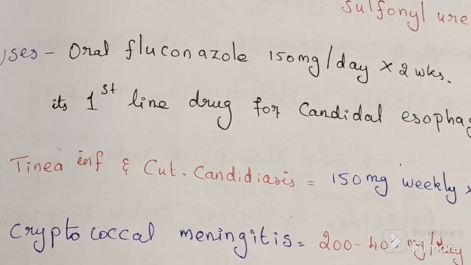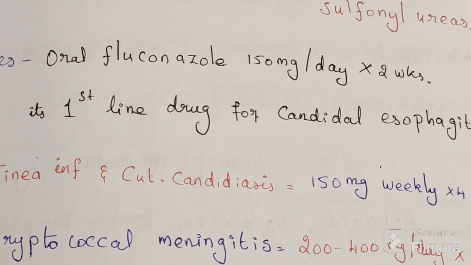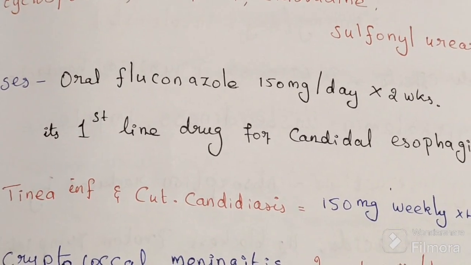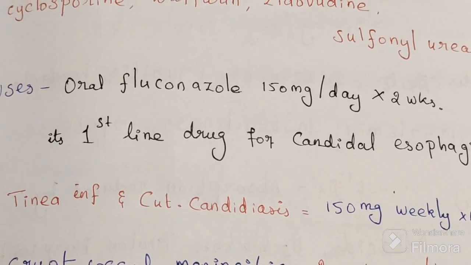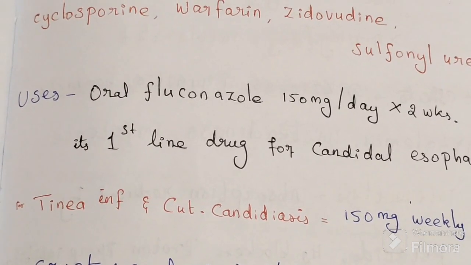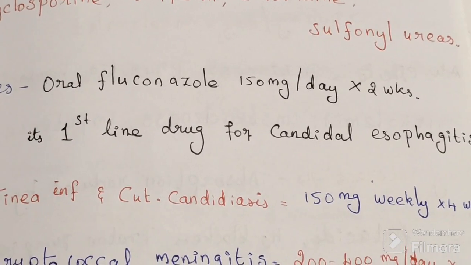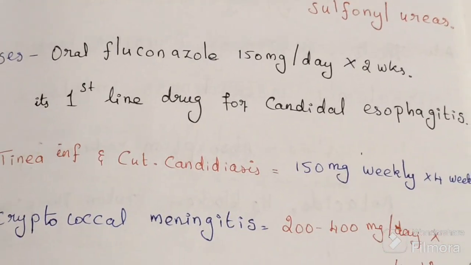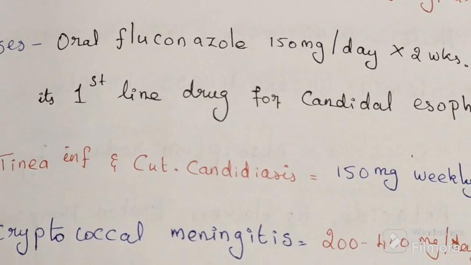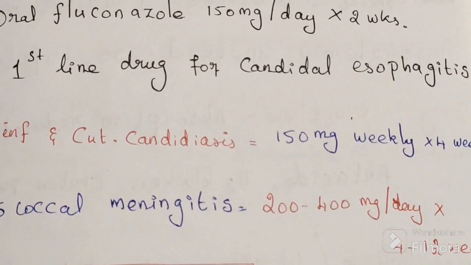Uses of fluconazole. Orally, the drug is used at 150 mg per day for 2 weeks. It is the first line drug for candidal esophagitis.